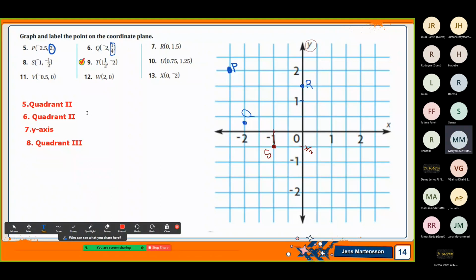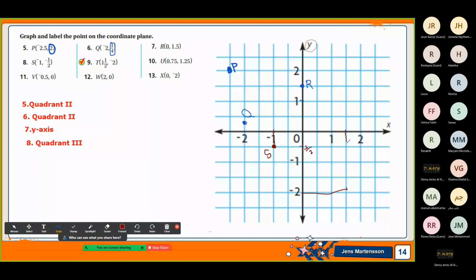Yes, teacher. Yes, Mariam. T, 1 and 1/2 and -2. It will be on the x-axis between 1 and 2. Bravo. Then on the y-axis, it will be at -2.